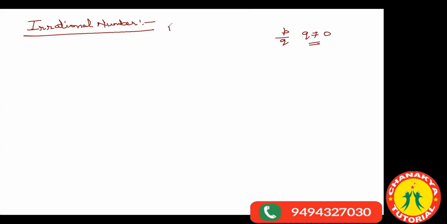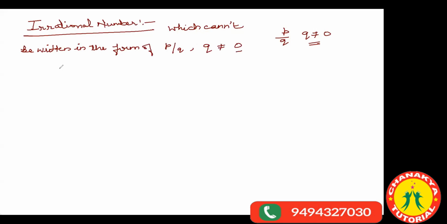So the first definition of an irrational number is one which can't be written in the form of P by Q where Q is non-zero, right?